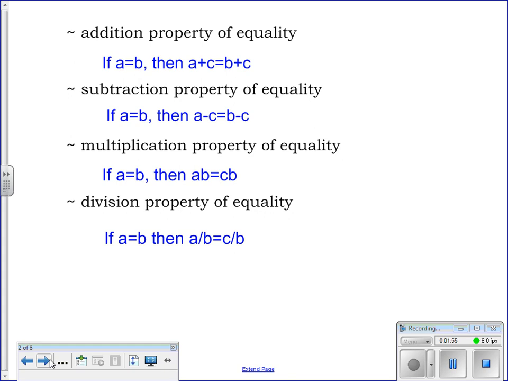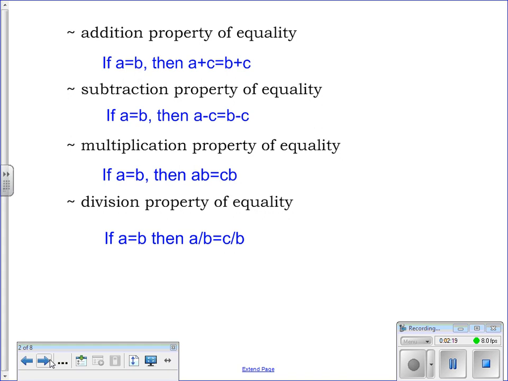Okay, basic properties. If two things are equal, then you can add the same thing to both sides and they will still be equal. Makes sense. If two things are equal, then you can subtract the same thing from both sides and they will still be equal. If two things are equal, you can multiply both by the same thing and they'll still be equal.